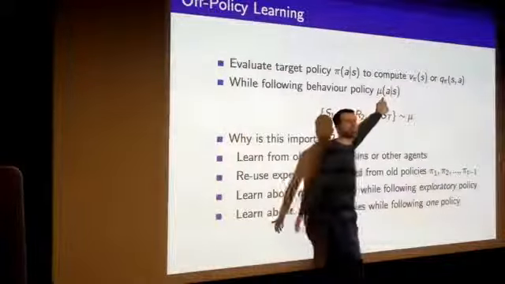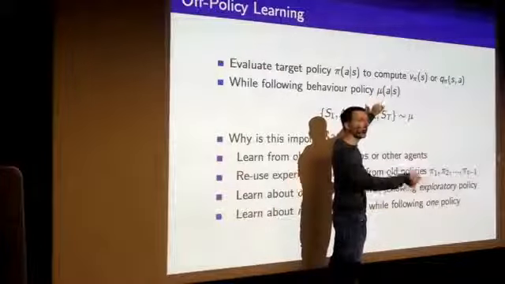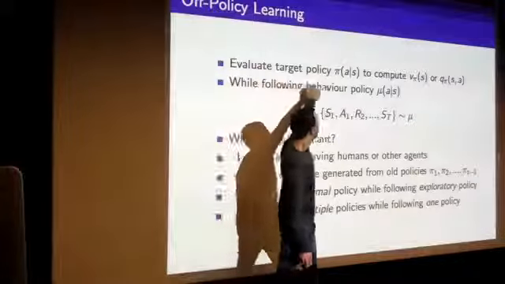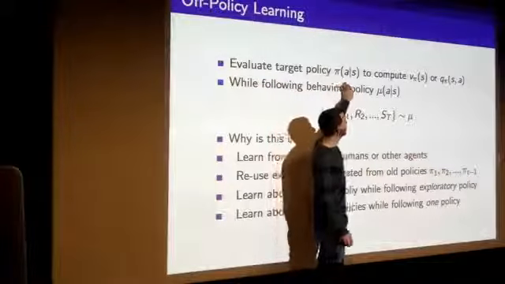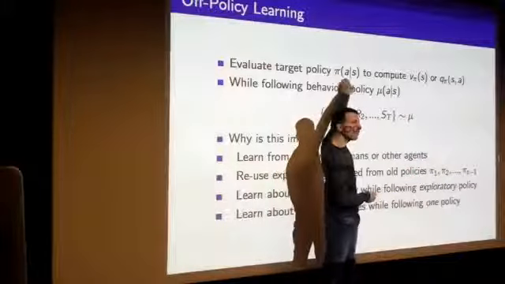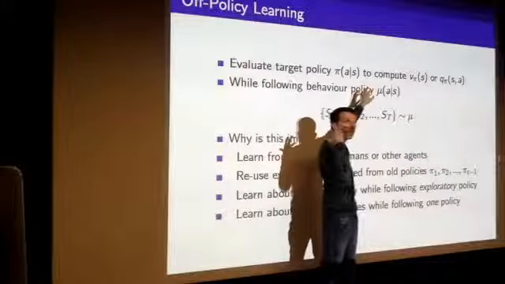So this is the behavior policy that we actually pick actions from in the environment. And what we want to do is to evaluate some other policy, pi, so as to compute, say, v pi or q pi, or ultimately figure out maybe the optimal way to behave in that environment. But the behavior that we see is not going to be drawn from this thing that we're wondering about.